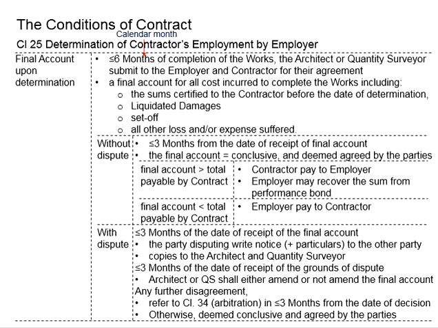If either of these parties is still not satisfied, then the case should be referred to arbitration under clause 34. This should be done within 3 months from the date of the decision. If no arbitration process is triggered by any party, then the final account, after considering any amendment, will be deemed conclusive and agreed by both parties.